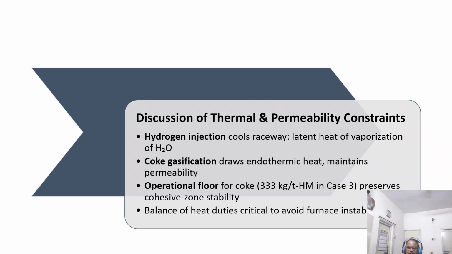In case 3, the coke rate is reduced to 333 kg per ton hot metal, and that's likely the minimum permissible level without jeopardizing the cohesive zone stability. That means even if hydrogen is clean and reactive, there is a hard floor for coke dictated by the mechanics and thermodynamics of the furnace.